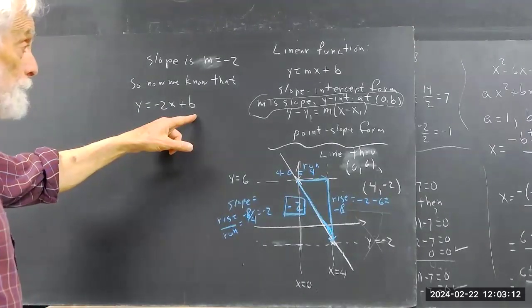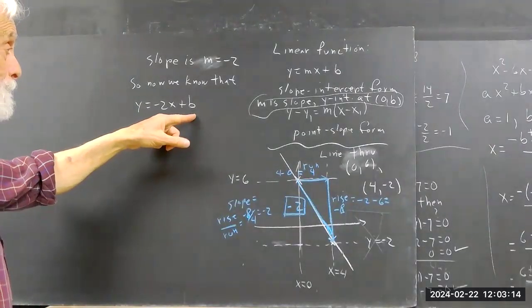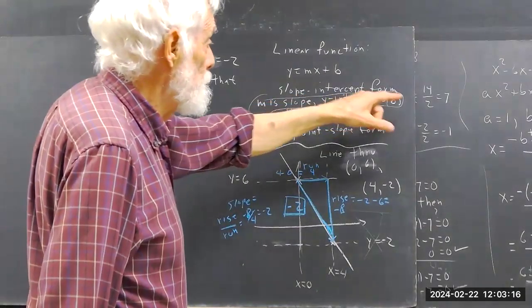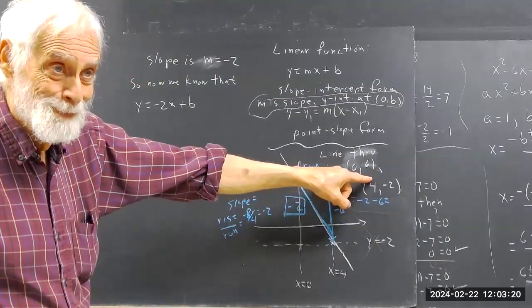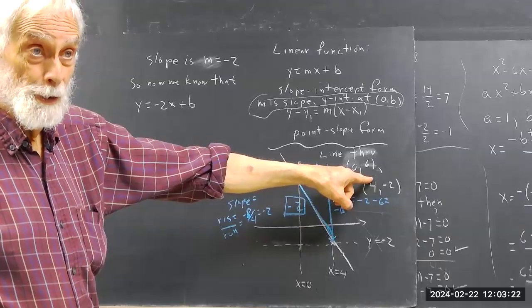How are we going to find b? Well, the y-intercept occurs at (0, b), and look at what I did. I gave you the point (0, 6). I gave you the y-intercept.